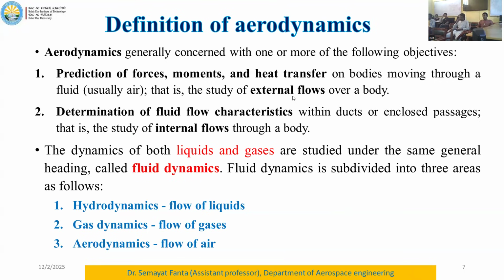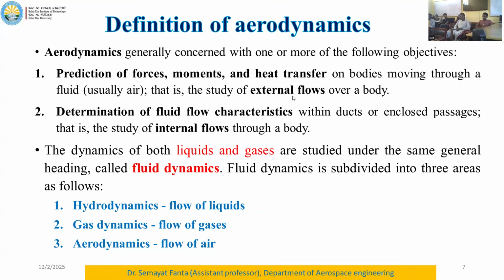That part is called external flow aerodynamics. The second one is internal flow aerodynamics, which is related to the determination of fluid flow characteristics within ducts. This flow within ducts is related, for example, to the flow through the aircraft engine.